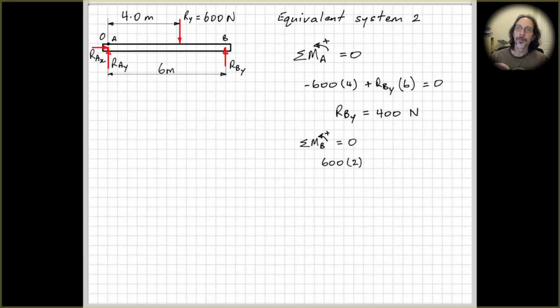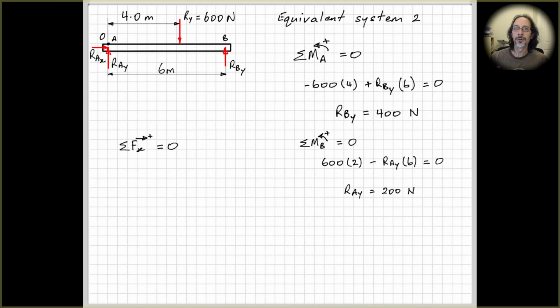And then we also have our RAY force over here times 6, and it will tend to rotate clockwise about point B. So that one's negative, all equal to 0. Rearrange and solve for RAY, and we get 200 newtons.